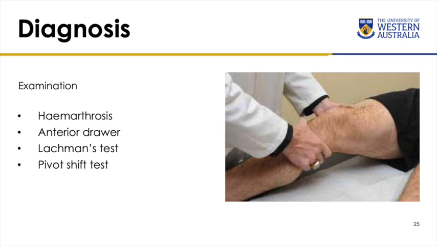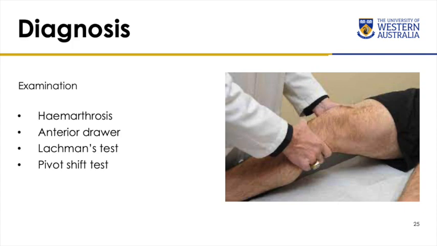Clinical examination will demonstrate a hemarthrosis. The anterior drawer test and Lachman's test, which is pictured here, are tests in which the examiner displaces the tibia anteriorly in relation to the femur.